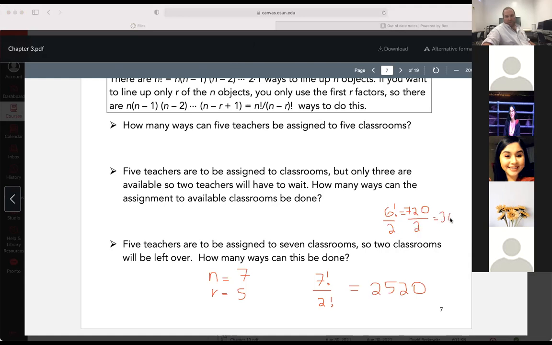Now I need to do 360 times 7, because we want 7 factorial. So I did 300 times 7, that got me 2,100. And then I did 60 times 7, that got me 420. Then I added them, and that got me 2,520. That was my mental process.